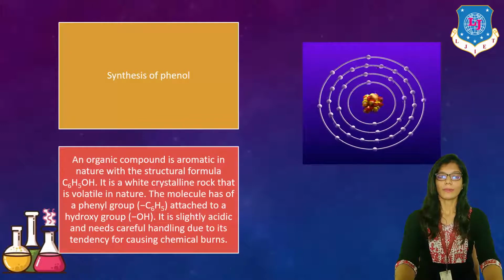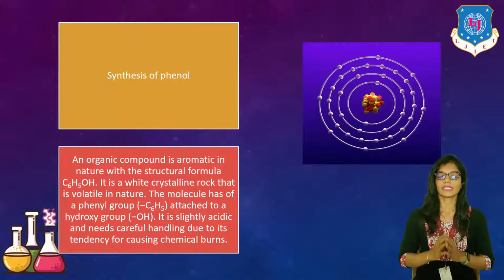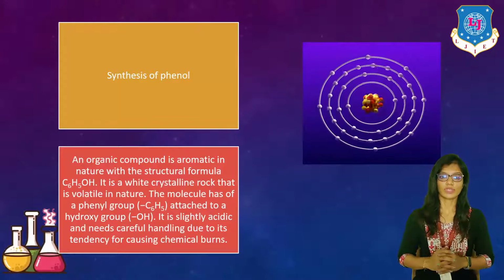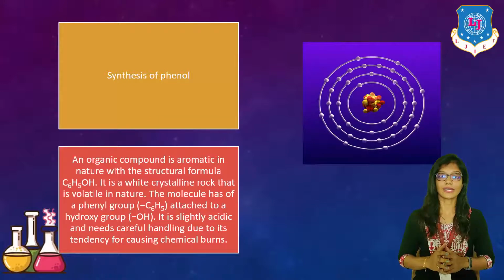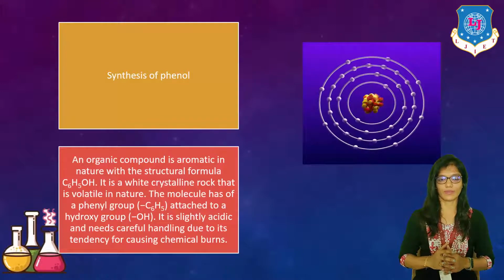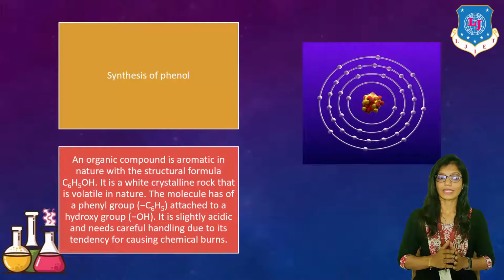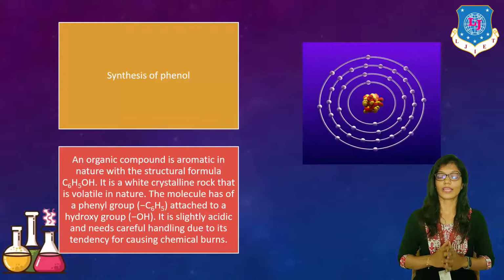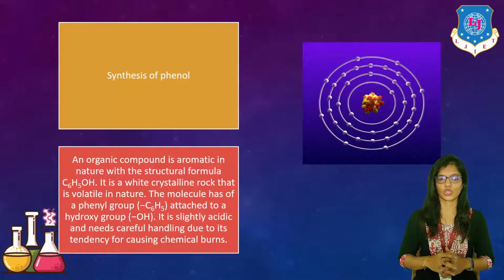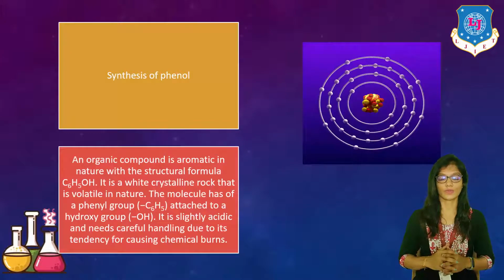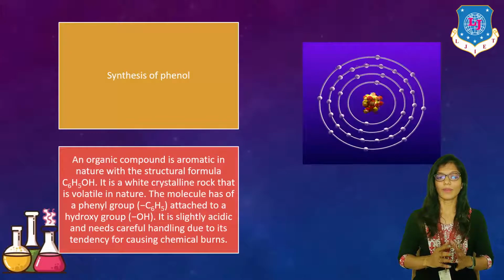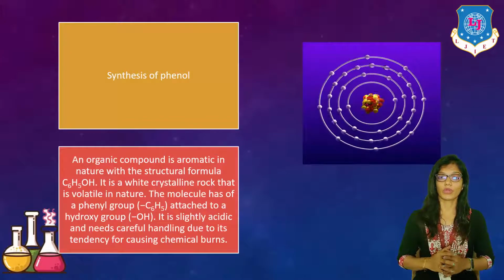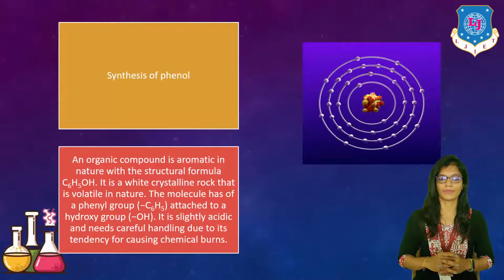So an organic compound which is aromatic in nature with the structural formula C6H5OH. So it basically contains an OH group on itself. It is a white crystalline solid that is very volatile in nature and very hazardous also. So that particular compound is known as phenol.